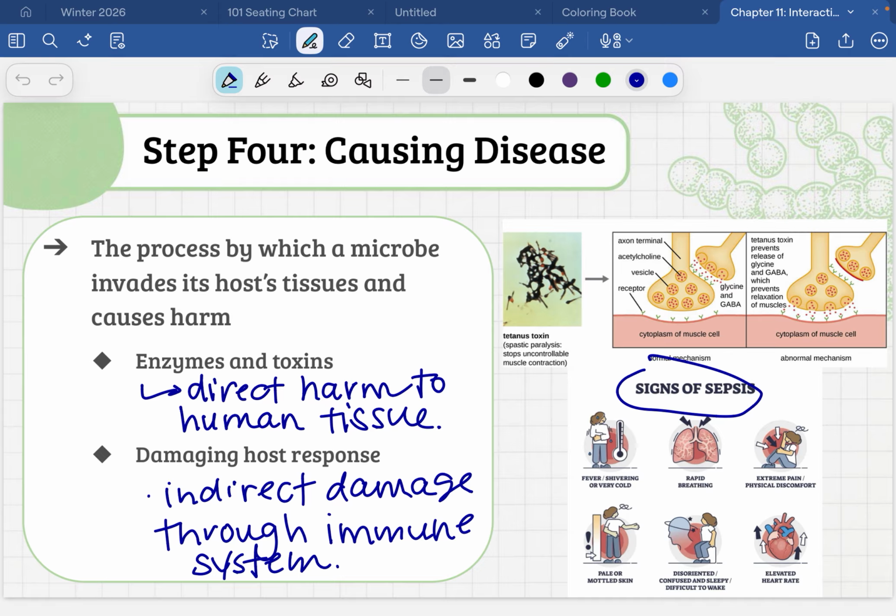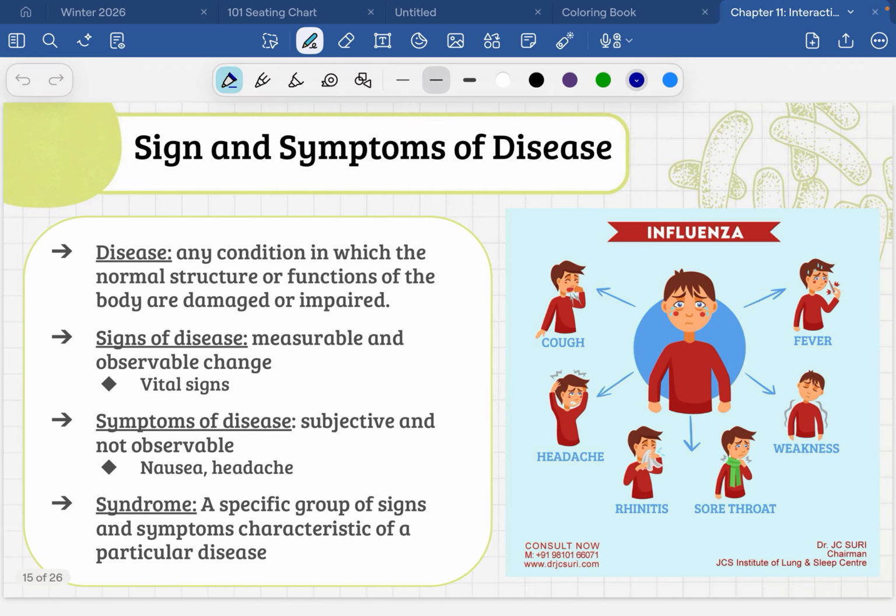And now I wanted to talk about something that also goes along with step 4, causing disease, which are these words: signs and symptoms of disease. Now, this is another case where these are words that we use all of the time in our normal life, right? Like you hear the word symptom all the time. We talk about symptoms of disease, and your doctor will ask you what your symptoms have been.